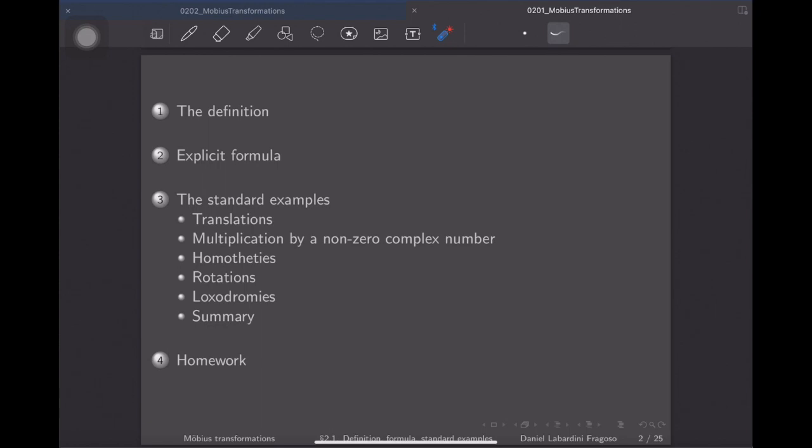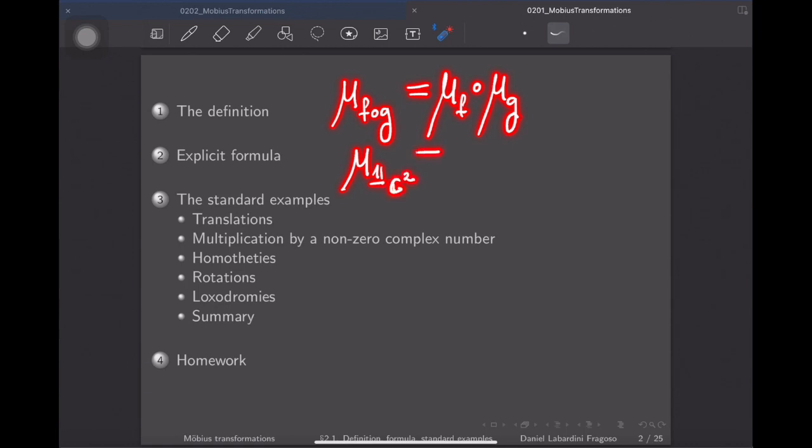But then, the fact that this is a conceptual definition allows us to show very easily that Möbius transformations have this composition property, that they compose. One checks very easily that the Möbius transformation associated to the identity is precisely the identity of P1c.